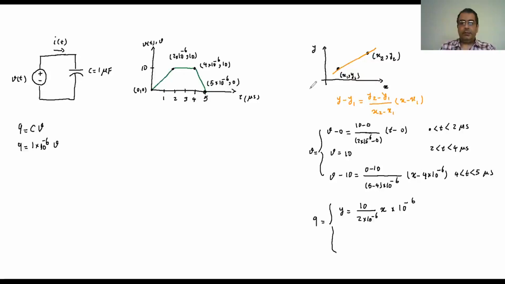And the same here, I'm going to replace the x value with t. So everything is now between v and t. The same here, I'm also going to replace the y with q and the x with t.